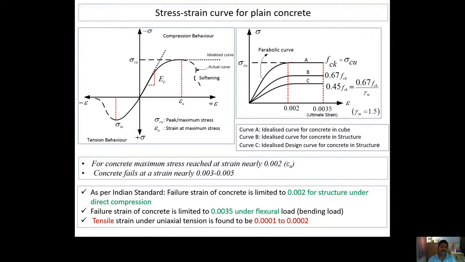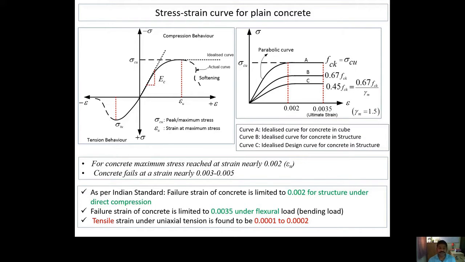Now if you observe, you will find that in most cases concrete reaches the maximum stress value at a strain of nearly 0.002.